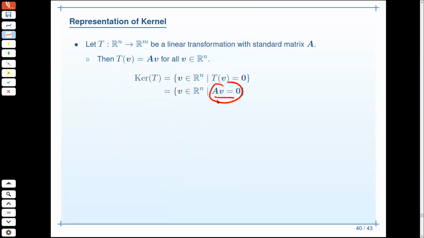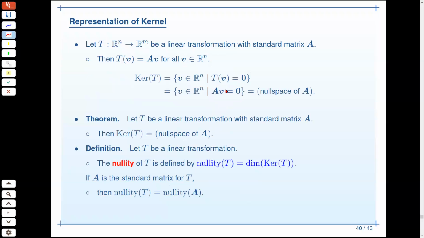But this is the homogeneous linear system. The solution set is the null space of A. So everything is related to the standard matrix. The kernel is nothing but the null space of A. The range is nothing but the column space of A. So now we have the summary: T is the linear transformation with standard matrix A, so the kernel of T is the null space of A.